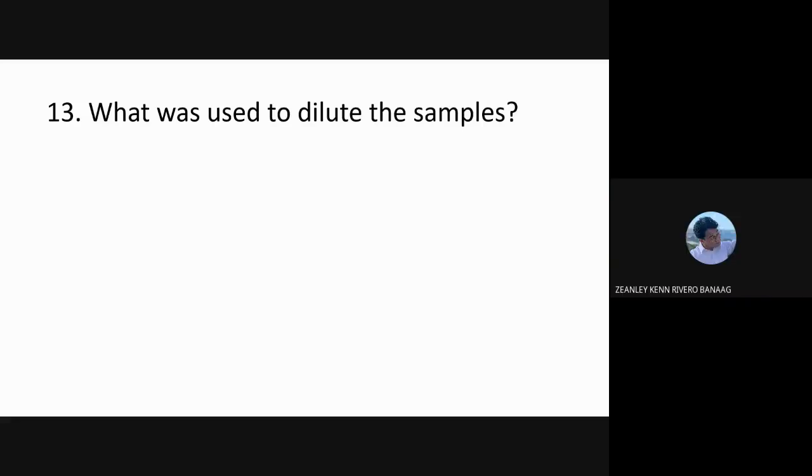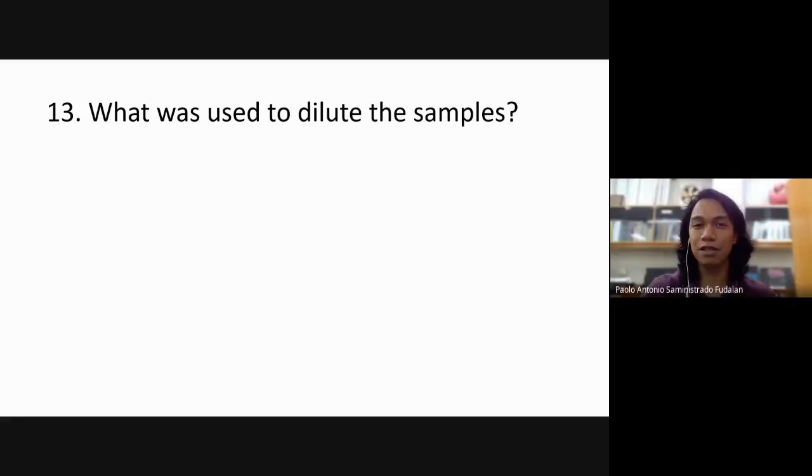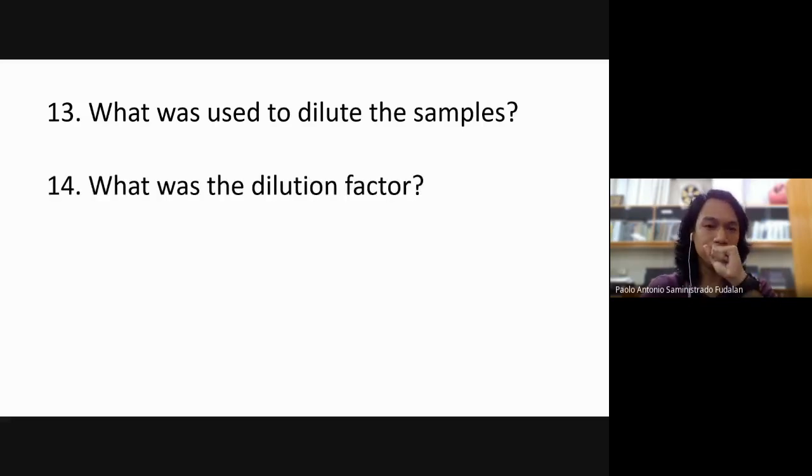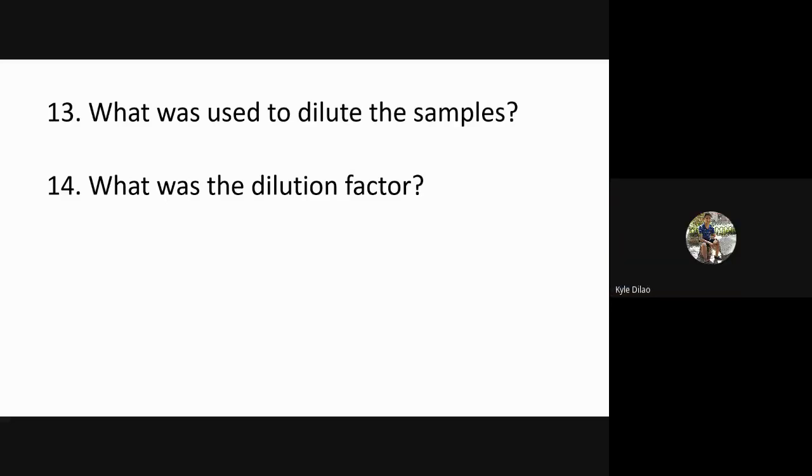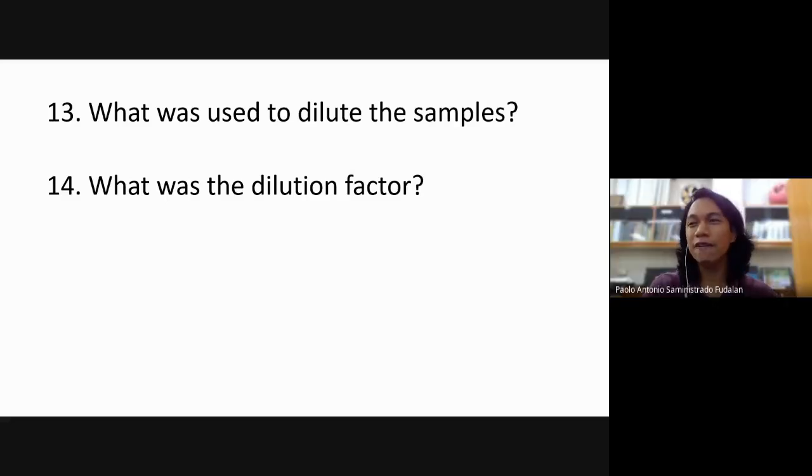Number 13, we diluted our samples, our milk samples with what? PBS, sir. All right, the buffer, no? Phosphate buffer saline. What was the dilution factor when we did this? 50, sir. 50. Now, one per volume, 1 is to 50. 1 for your sample and 50 overall.